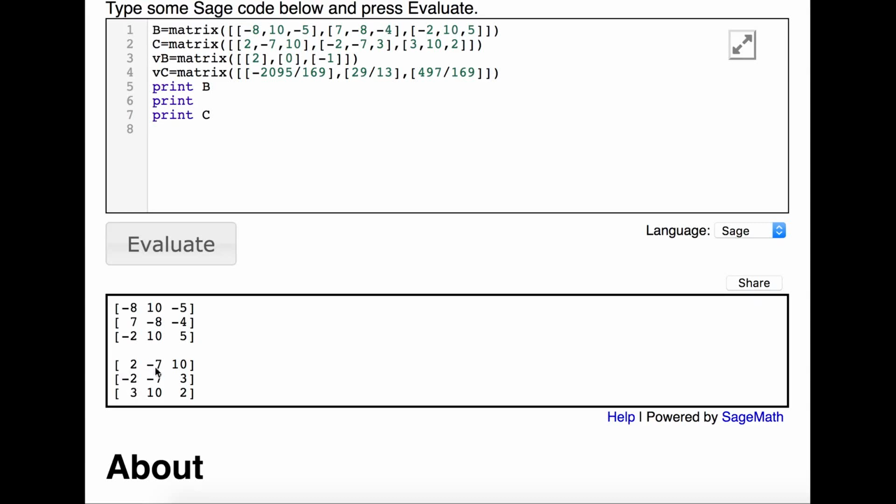You'll see the columns here are exactly the vectors from basis C. What we know is that if we take the vector written with respect to basis B and multiply by B, we should get coordinates with respect to the standard basis. So I'm going to print B times VB.